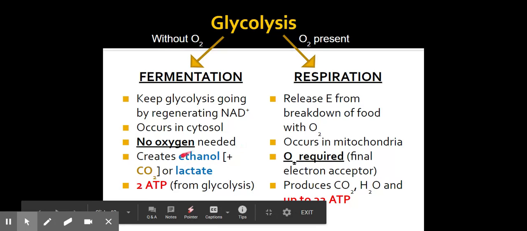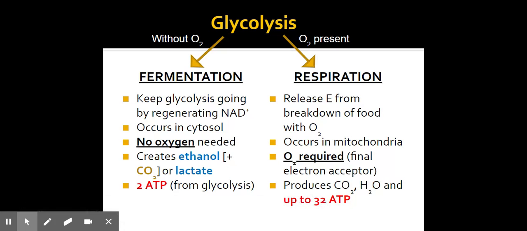The ethanol production occurs for our bacteria types or our fungi types will release ethanol. And for us as humans, some other eukaryotic organisms will produce lactic acid and generate 2 ATP. If we do have oxygen, we can have that full process and a large amount of ATP produced at the end, which is huge.